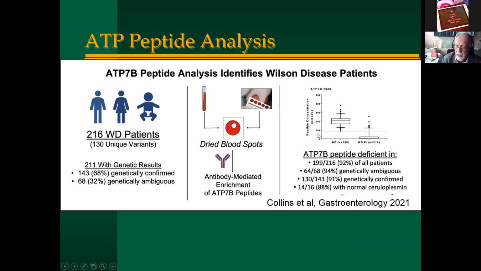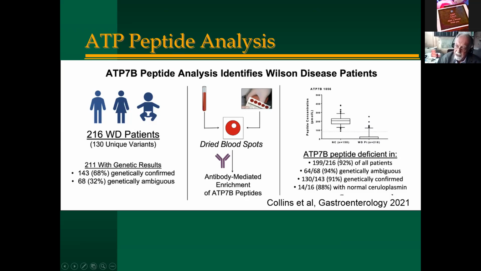And what you can see here on this slide, the Wilson patients, most of the patients have undetectable ATP7B, or even very few have a normal level, but you see here a highly significant mean value as compared to controls.